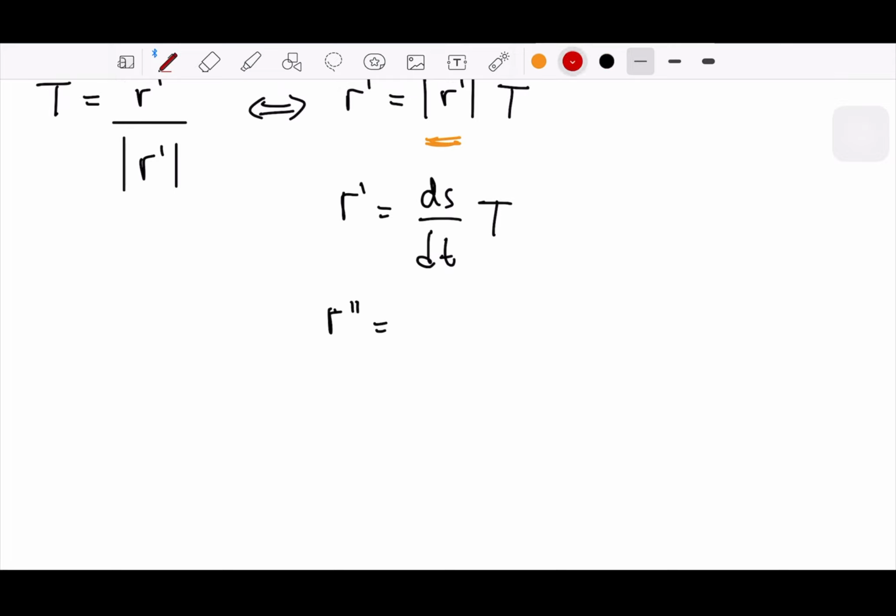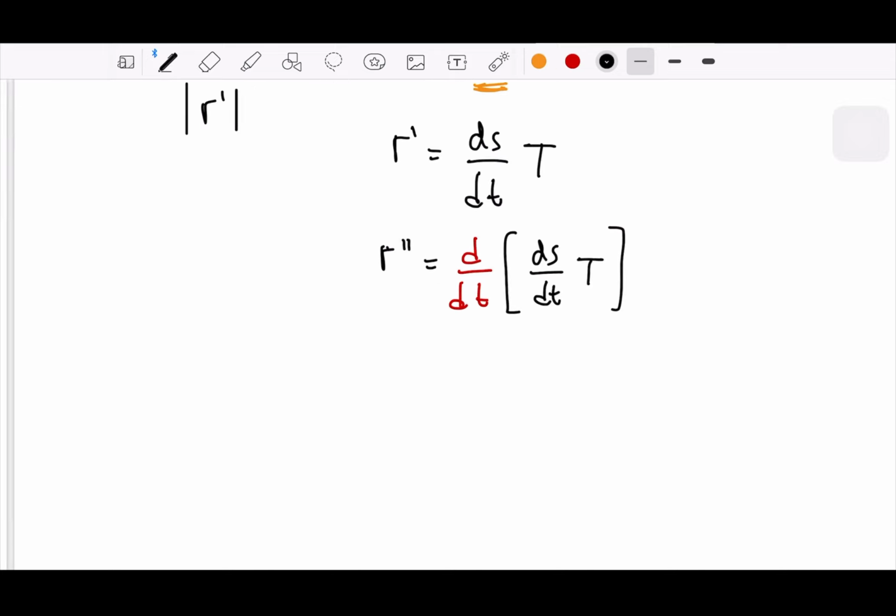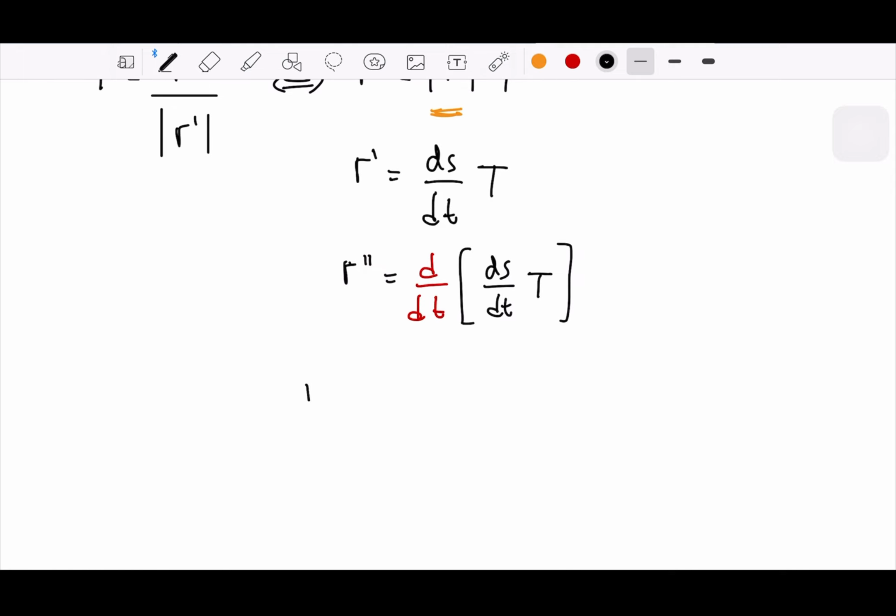So we can take this into the second derivative. We are going to apply the product rule, because ds over dt and T are each their own functions. So take the second derivative, we have a product rule, and this is the result.